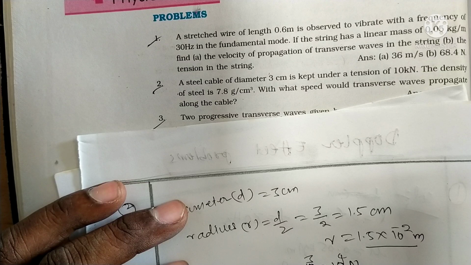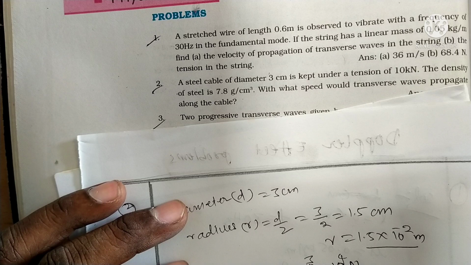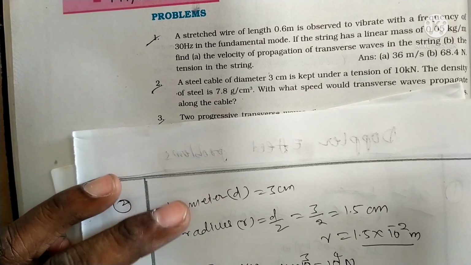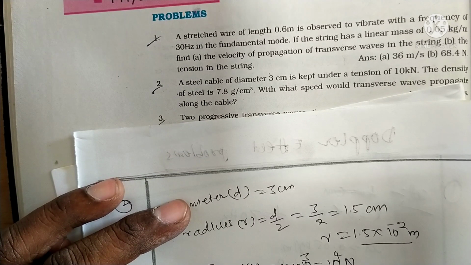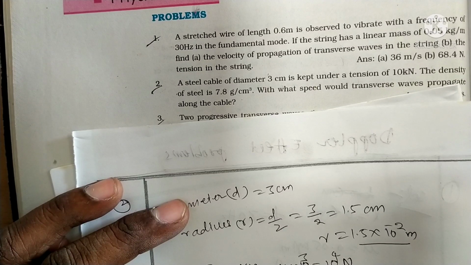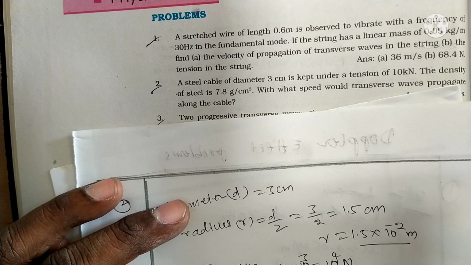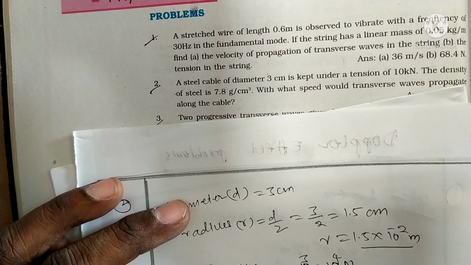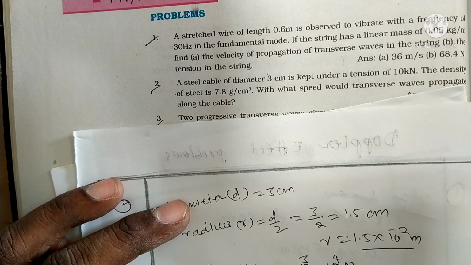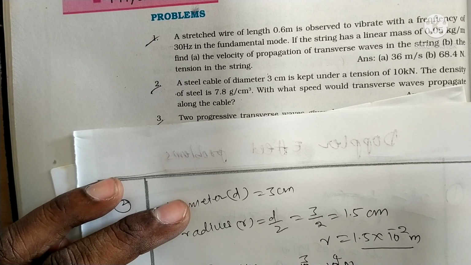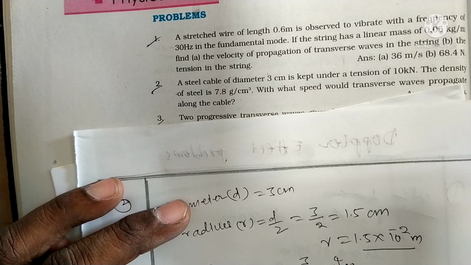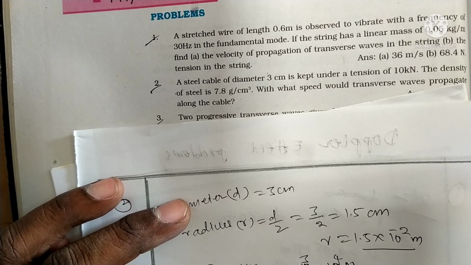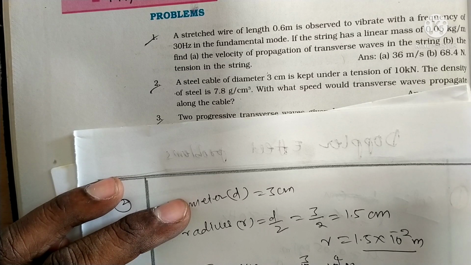It can be converted into kg per meter cube, that is 7.8 into 10 to the power of 3 kg per meter cube, because grams are converted into kilograms, 1 gram is 1 by 1000 kilogram.